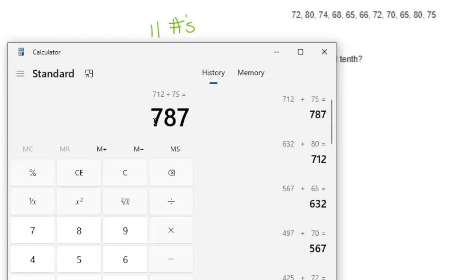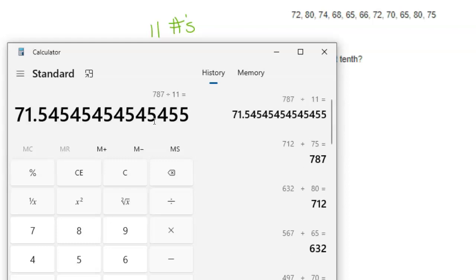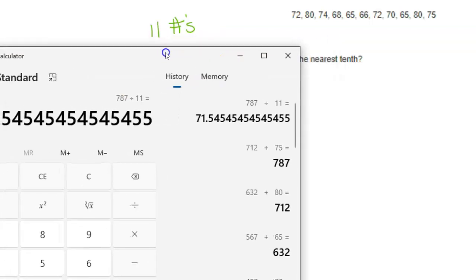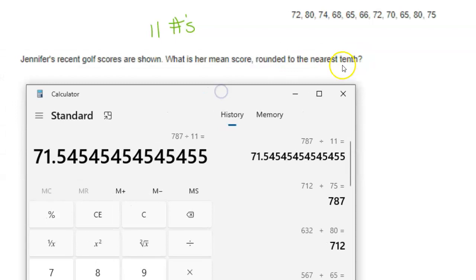All right, so that's the total when I add them all up, and then I need to divide by the number of numbers that there are, which there are 11. So we have 71.545454, blah, blah, blah. It says to the nearest tenth. So this is in my tenths spot, so that 4 means that I'm not going to increase it. So my mean here is 71.5.